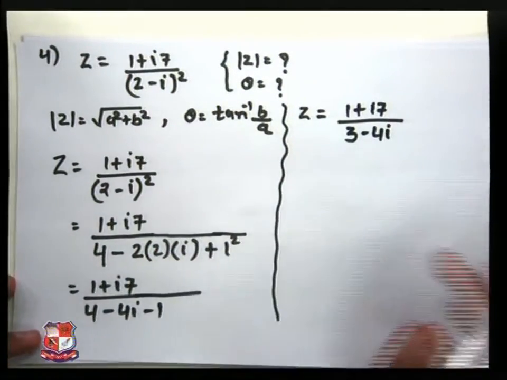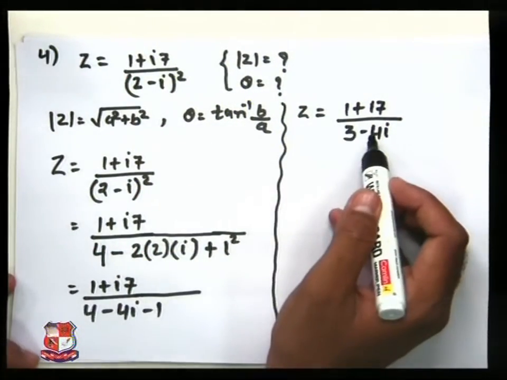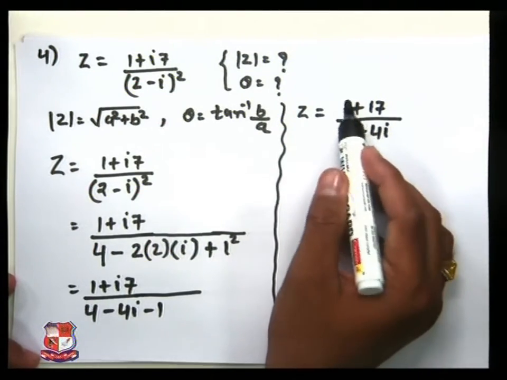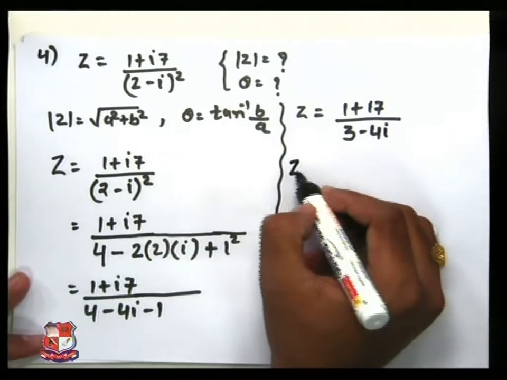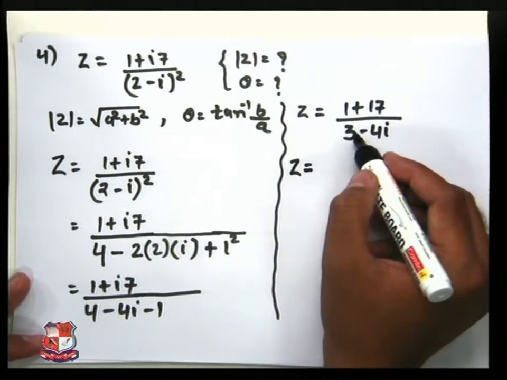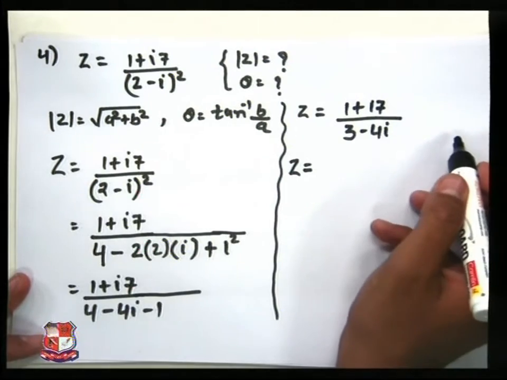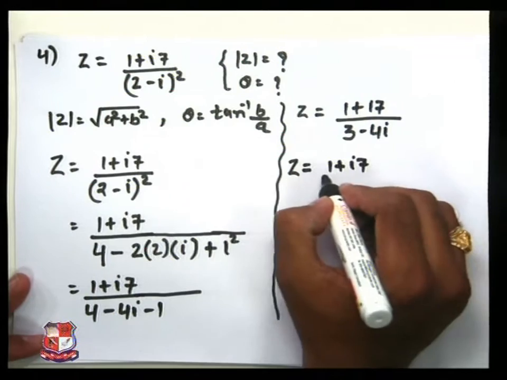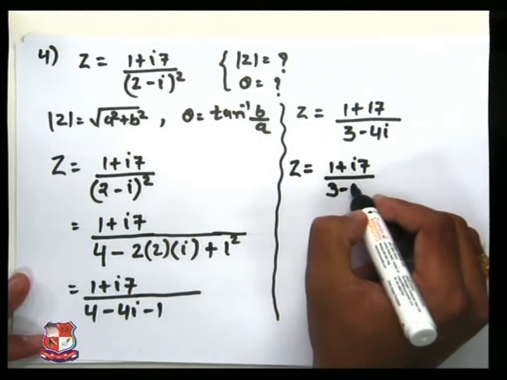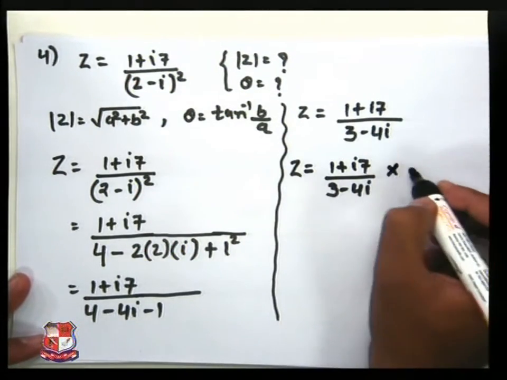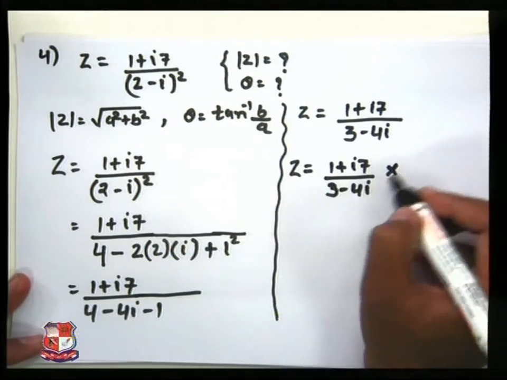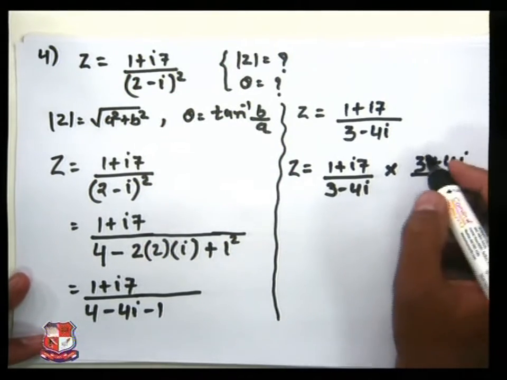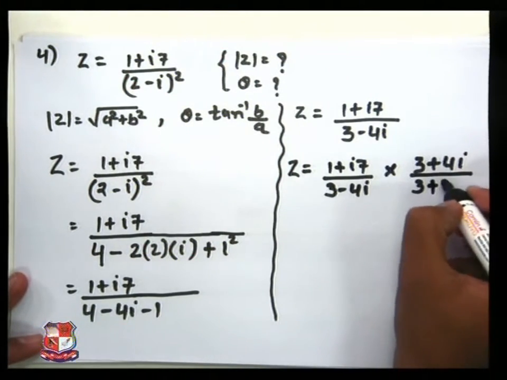Now this is nothing but division of two complex numbers. In our previous session we already discussed how to take a division. In division of complex numbers, we take the conjugate of the denominator and multiply and divide by that term. So z is equal to (1 plus i7) divided by (3 minus 4i), multiplied and divided by the conjugate of the denominator, that is (3 plus 4i) divided by (3 plus 4i).